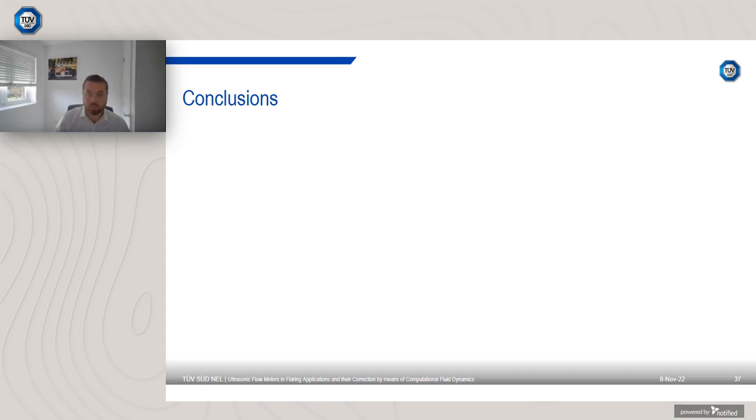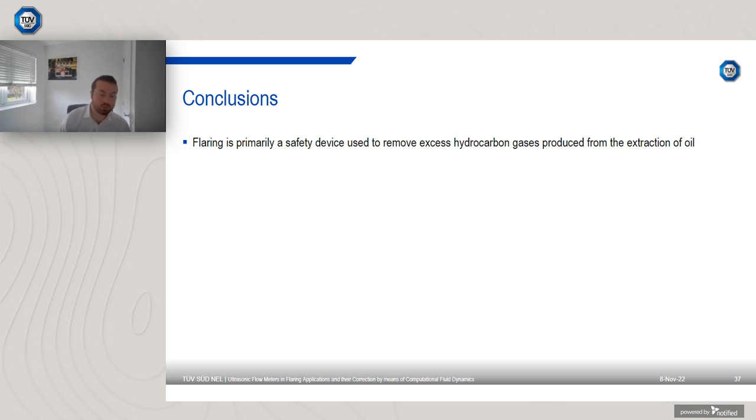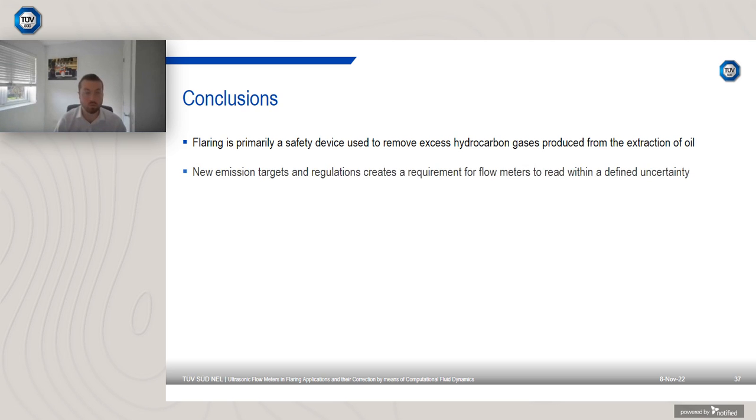So just to summarise the past few slides, flaring is an essential safety device which is used to remove excess hydrocarbon gases produced from the extraction of oil. Because of new emission targets and regulations, this has created a requirement for flow meters to reach within a defined uncertainty.